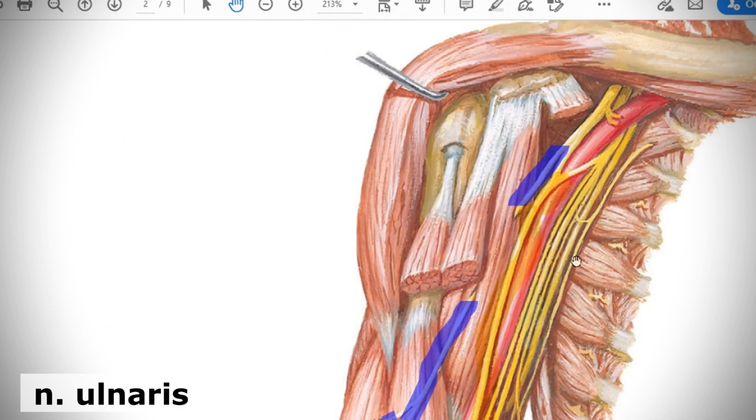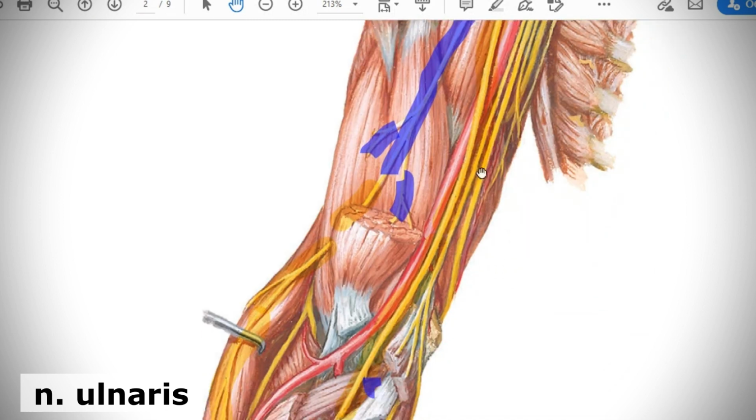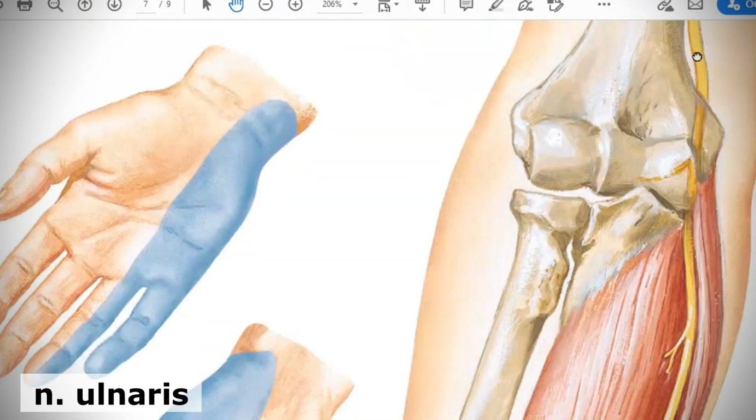The ulnar nerve, you can see here, is also on the brachium. It's situated in this neurovascular bundle with arteria brachialis, veins, and nervus medianus, but in the lower part of your brachium, it declines posteriorly and goes behind the epicondylus medialis.